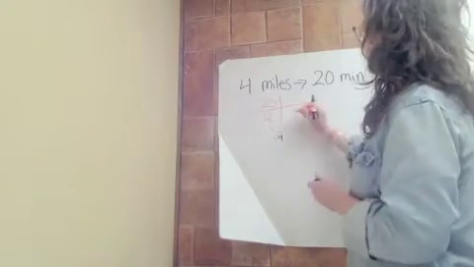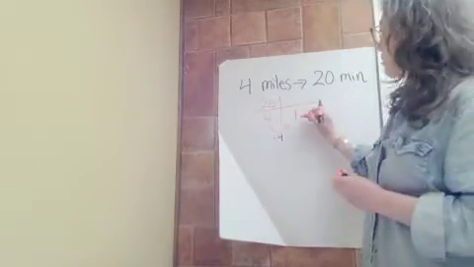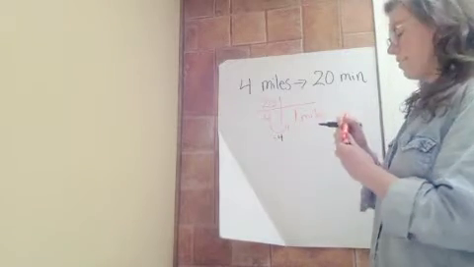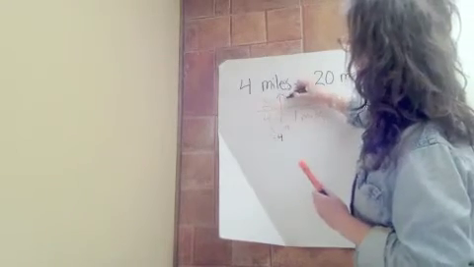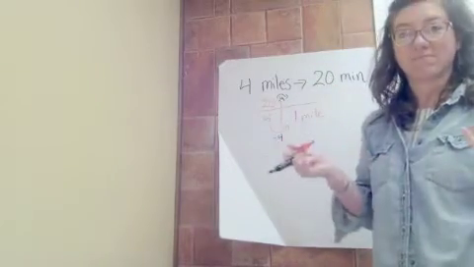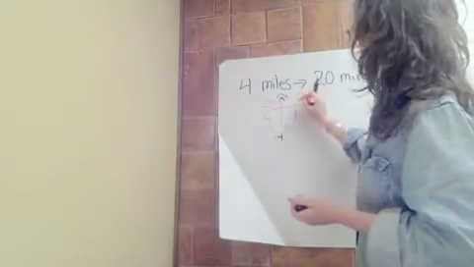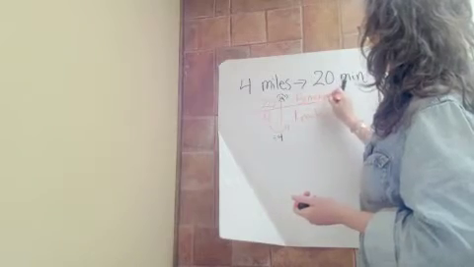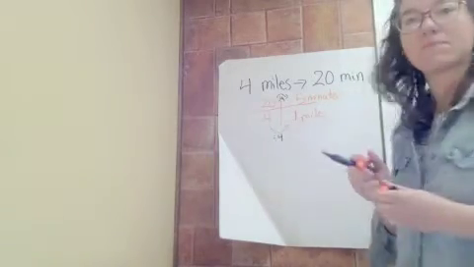So we get 1 mile, and then divide the top by 4. 20 divided by 4 gets us, correct, 5 minutes. Okay, 5 minutes to run 1 mile.